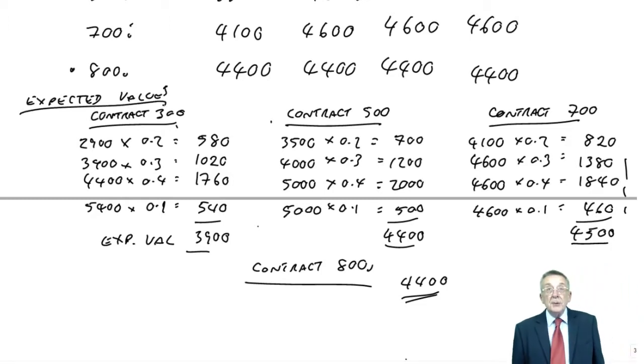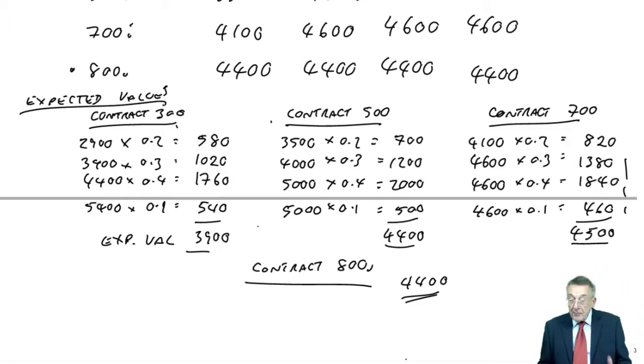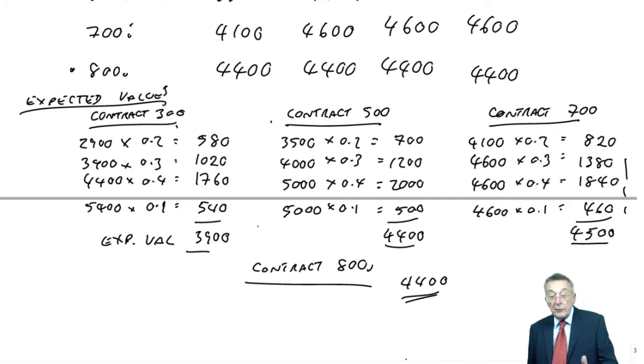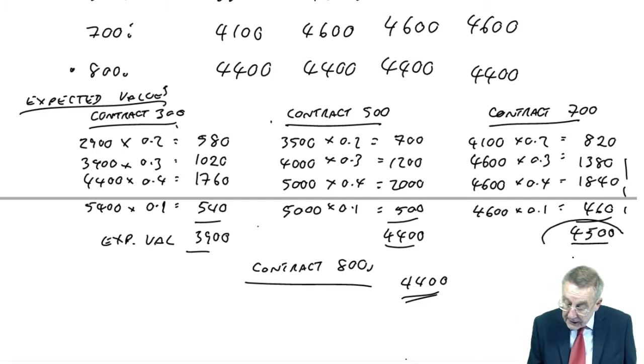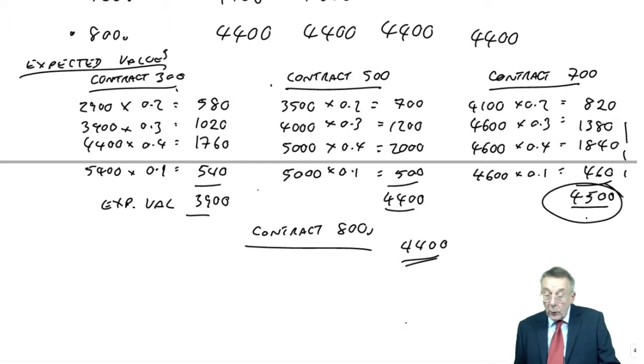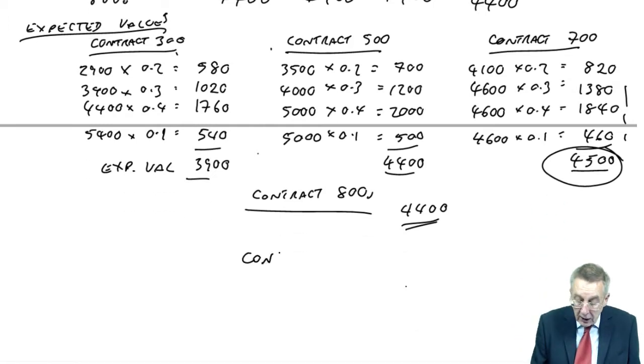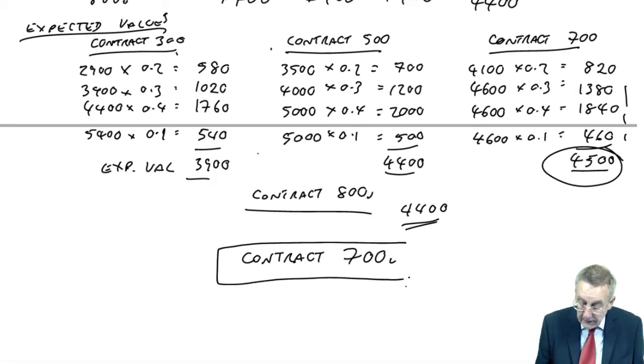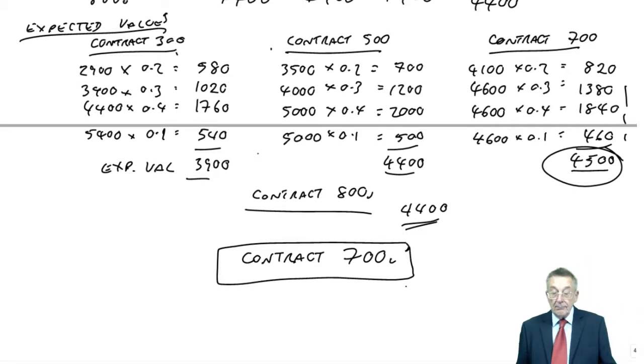On expected values, work out the average, the expected return for each of the four choices. Whichever's the highest is the best, and the highest is 4,500. And therefore the decision is to contract to sell 700.